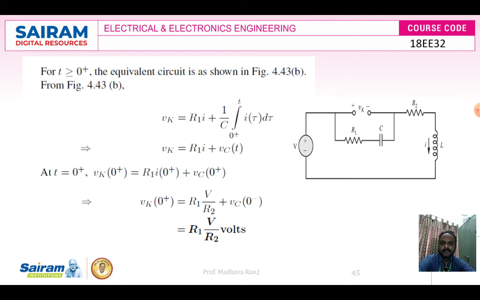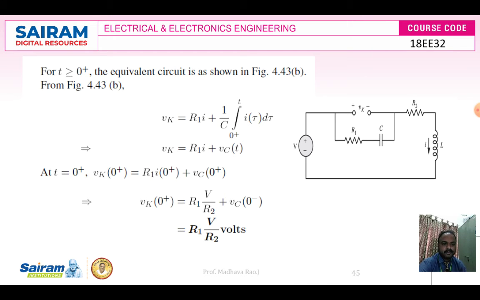Next, for evaluating Vc of 0 plus, we have to use the circuit and apply the KVL method. Once you apply KVL, we get i into R plus 1 by C integral from 0 to t of i dt.